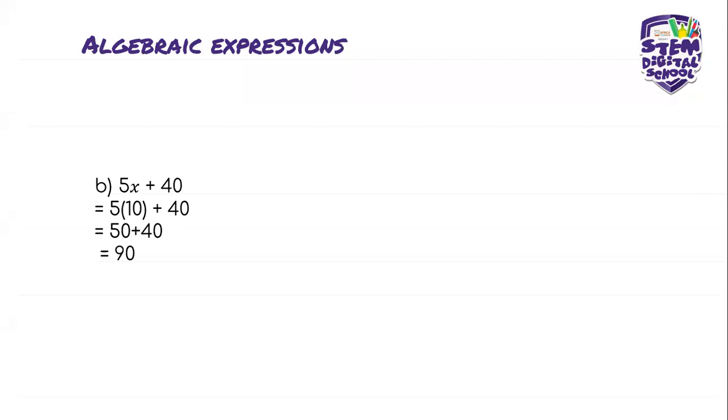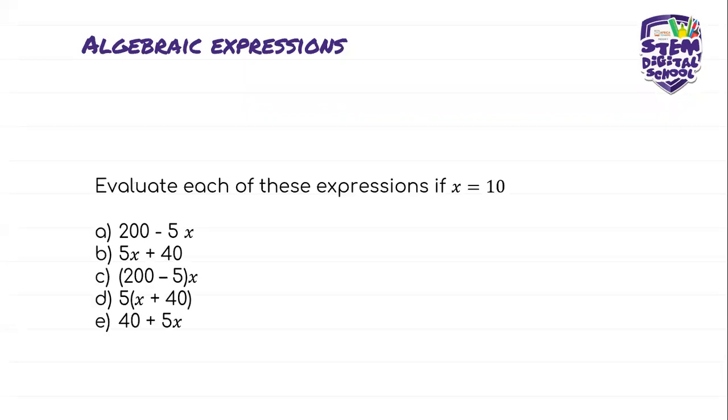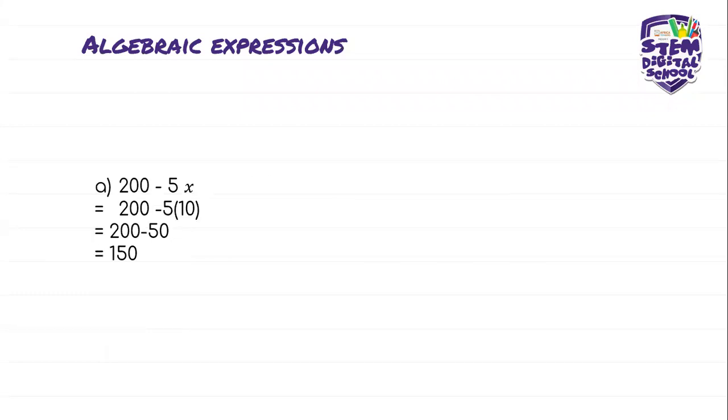Let us now carry on with the next one, which is C. Remember, we have done A, and we found that the value of A is 150. All that you did was to substitute 10 there, and 5 times 10 is 50, 200 minus 50 is 150.